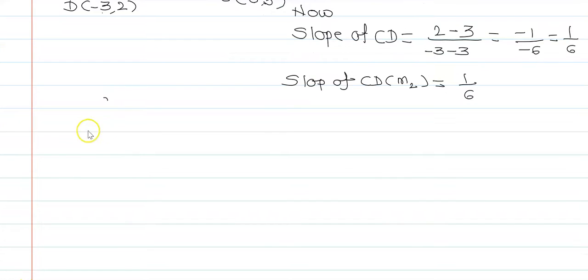Therefore slope of AB is equal to slope of CD.